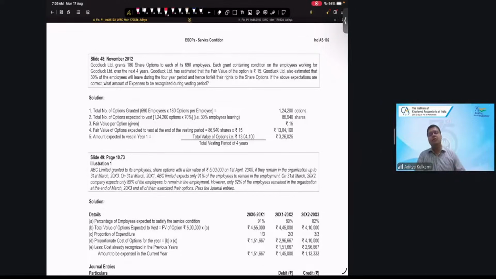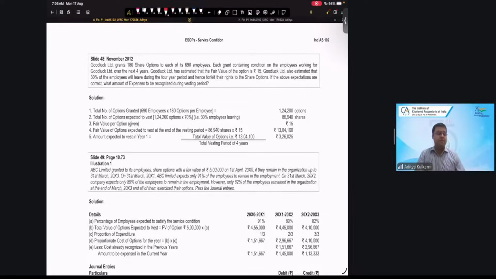The main heart of the standard lies in employees' share-based payments. We did have this as part of the guidance note in your Inter CA, guidance note on share-based payments. That being a guidance note was recommendatory primarily. But this being an accounting standard, Ind AS 102 becomes mandatory to follow. So the next couple of hours, we will be discussing largely on employee share-based payments.